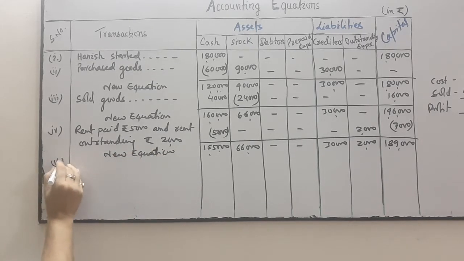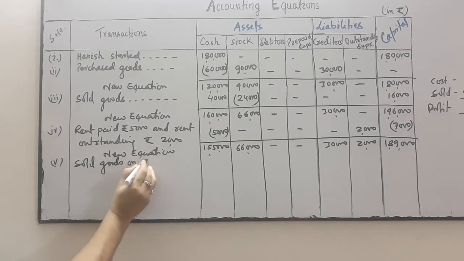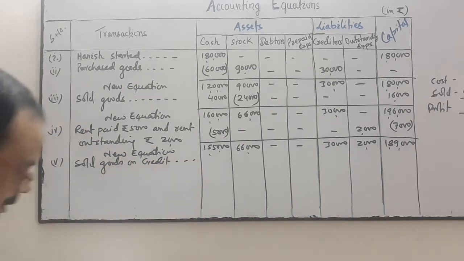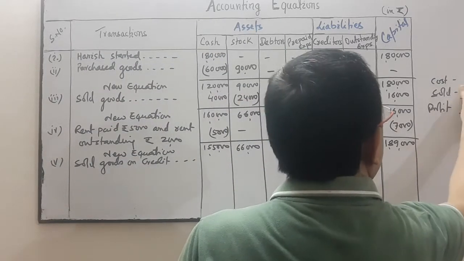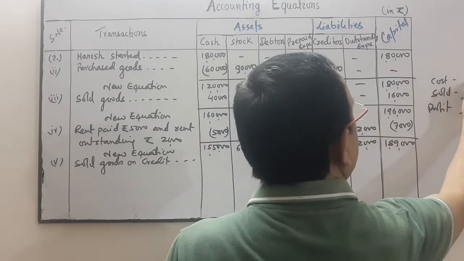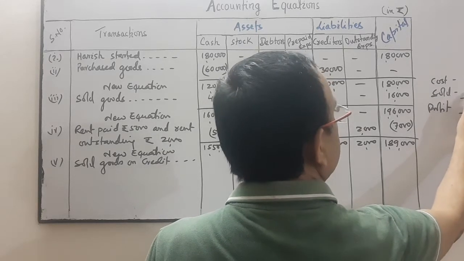Now the fifth transaction. Sold goods on credit. Write the full sentence: sold goods on credit costing rupees 38,000 for rupees 50,000.